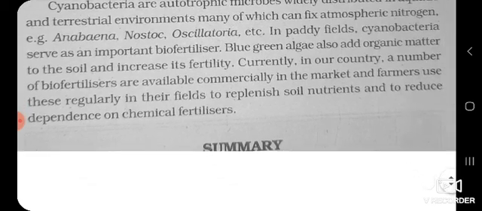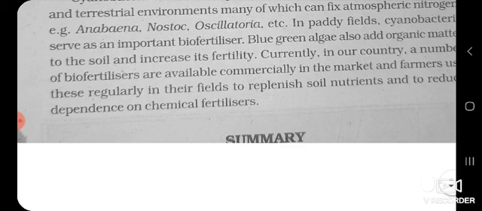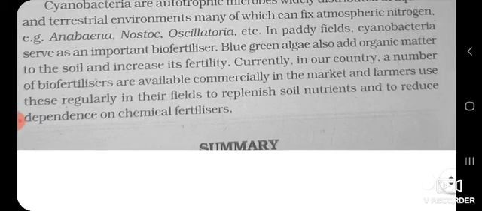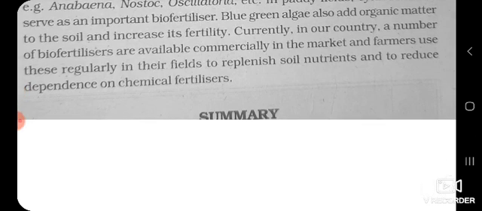They are generally used in paddy fields. Cyanobacteria are important biofertilizers. Blue-green algae also add organic matter to the soil and increase fertility. They not only fix atmospheric nitrogen, making it available to the plant, but we can say that they add organic matter to the soil and increase its fertility.